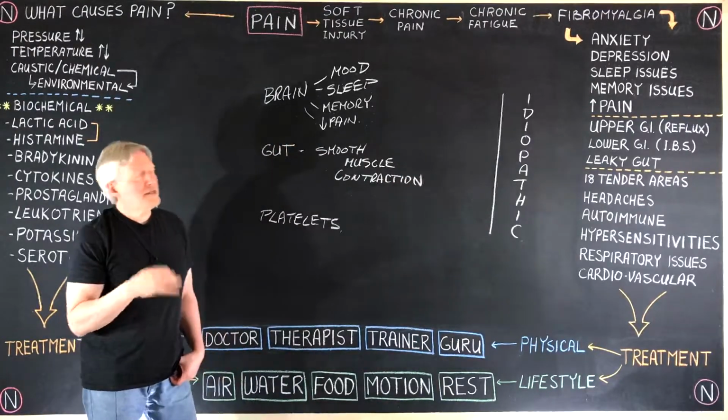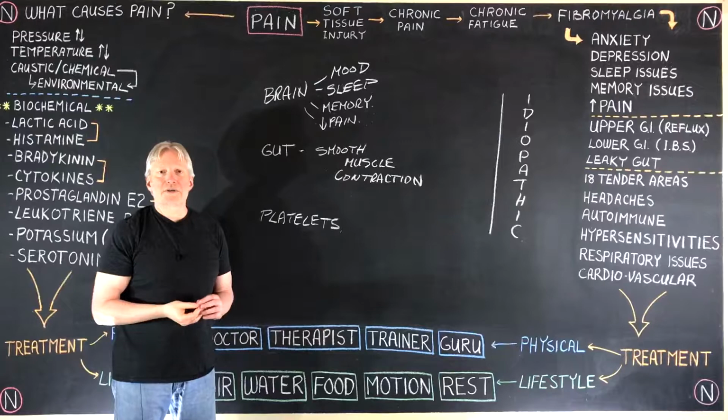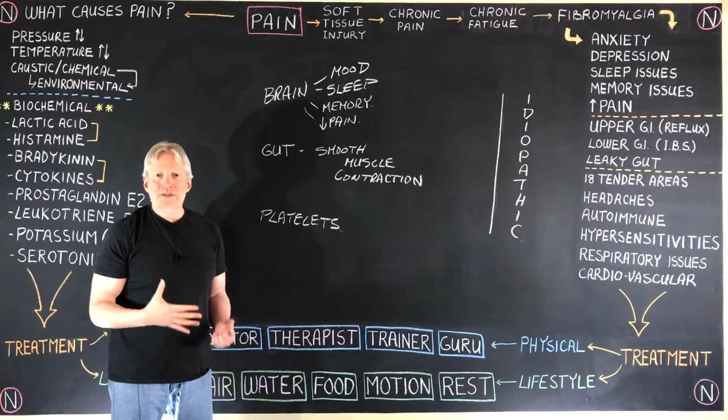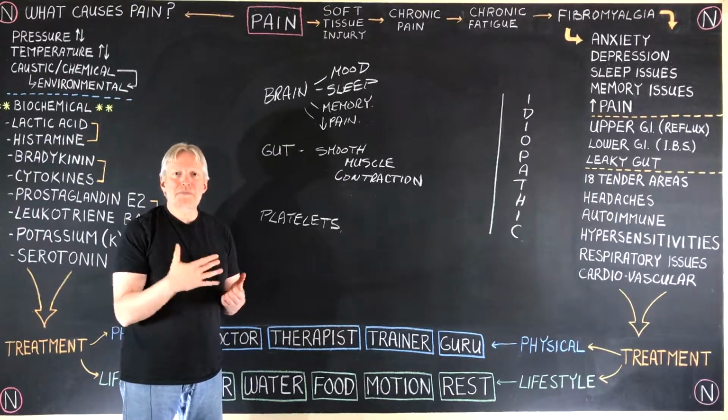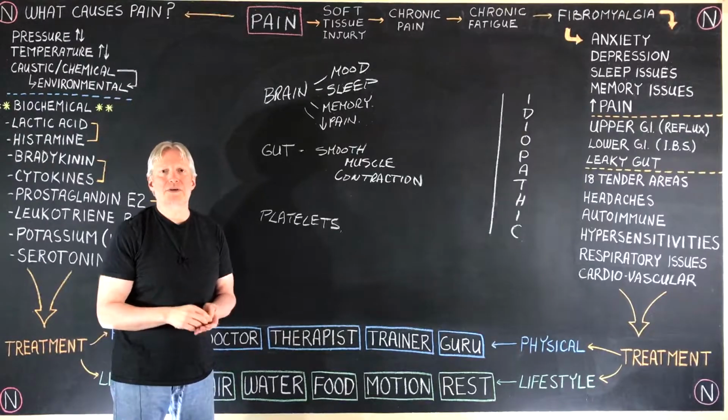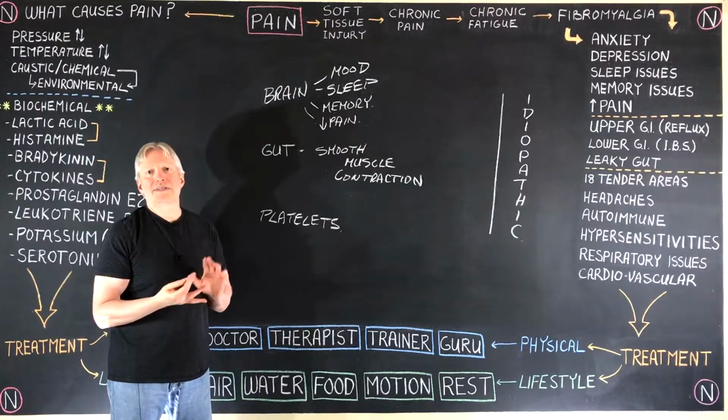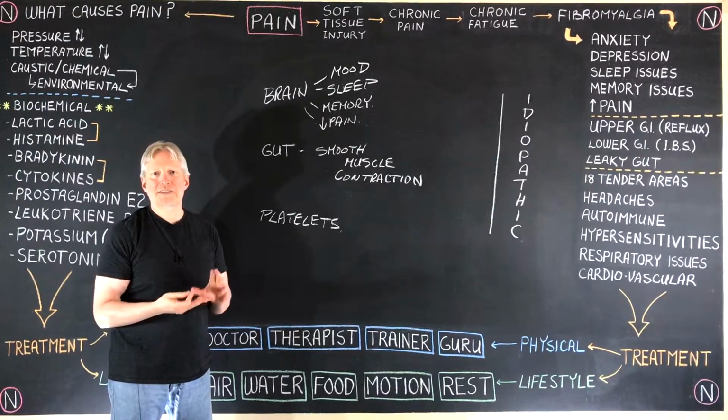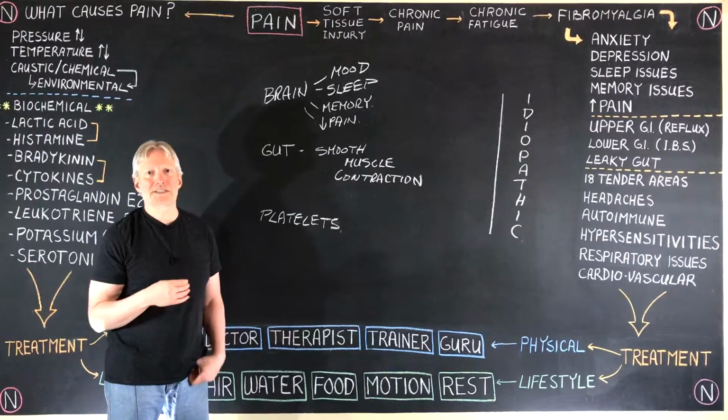And when you think of the gut and smooth muscle contraction, think of the word peristalsis. Peristalsis is simply the churning, the mixing, and the moving of food. So think serotonin, gut, smooth muscle contraction, peristalsis, good digestion, right?